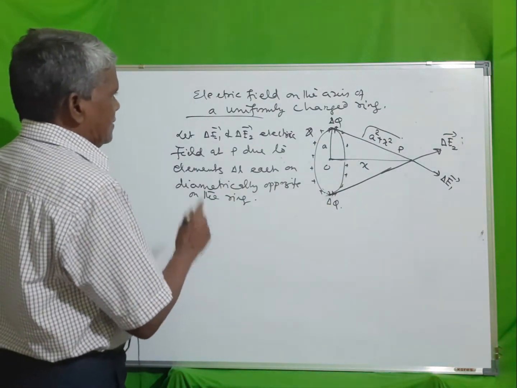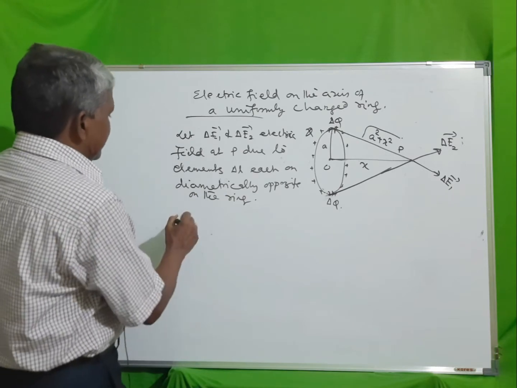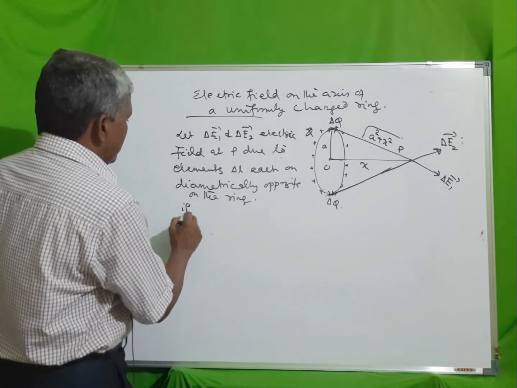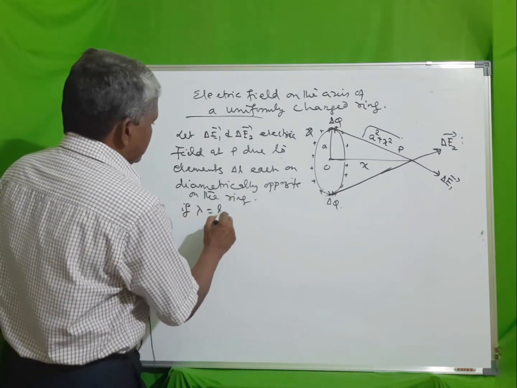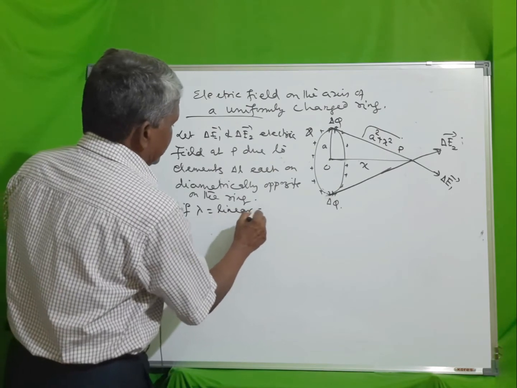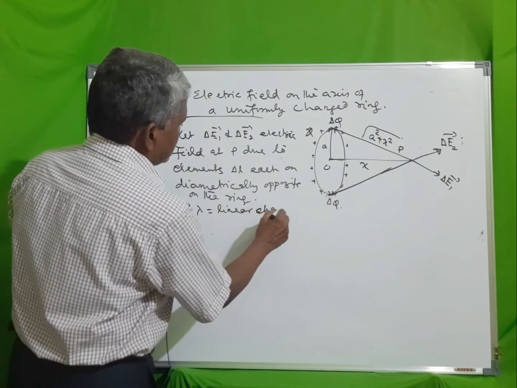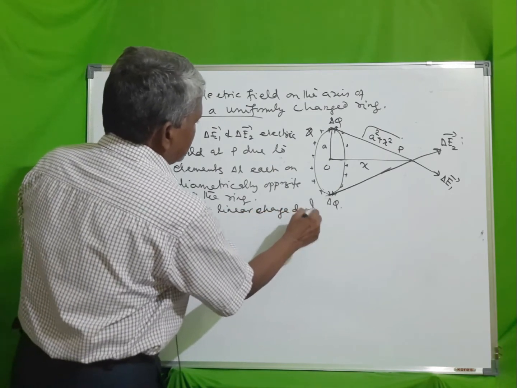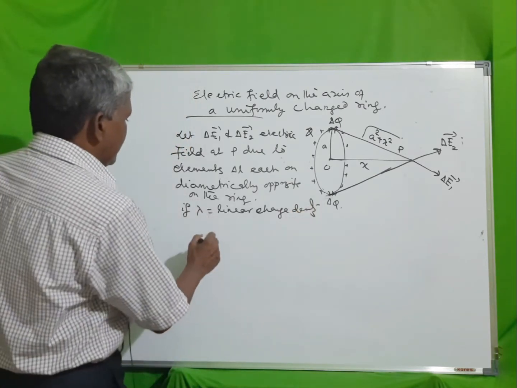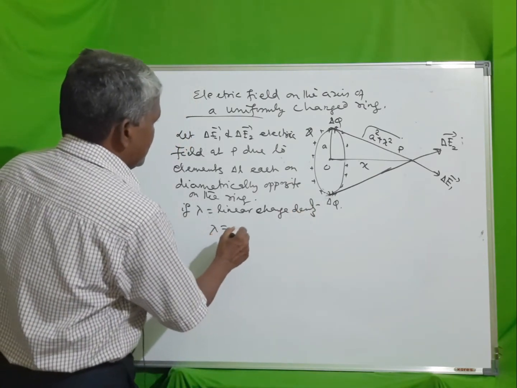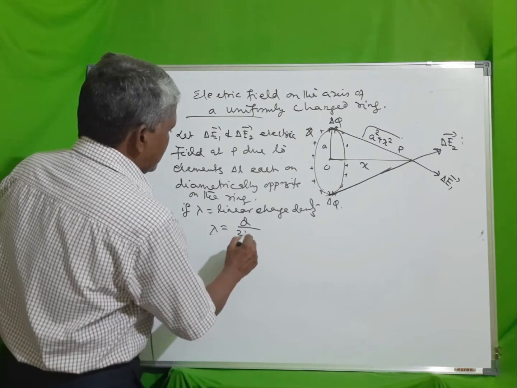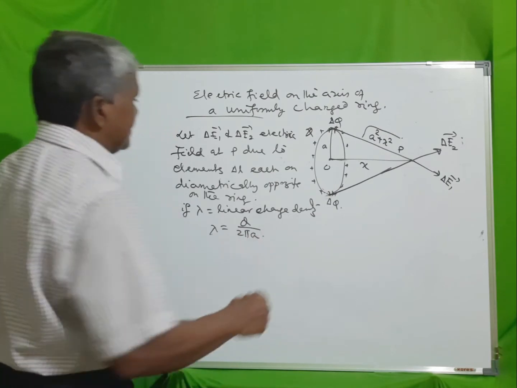If lambda is the linear charge density, then lambda is equal to total charge by 2 pi a.